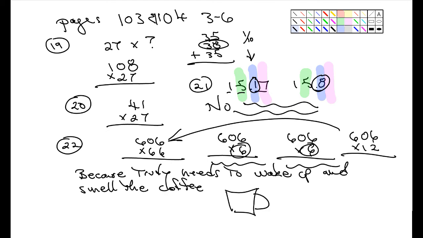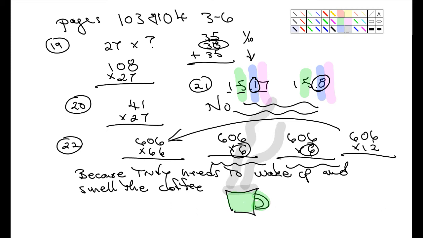And here's my handle. Do I have brown? I don't think I have a brown color. Oh well, it's kind of grayish. And I have a green coffee cup here. And here's my handle. And here's the coffee aroma waking Trudy up.